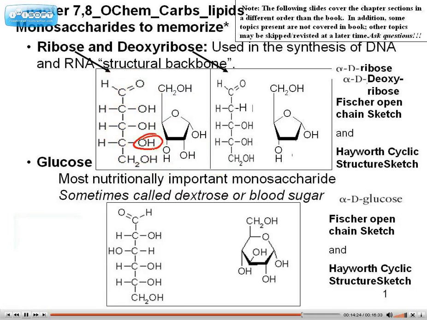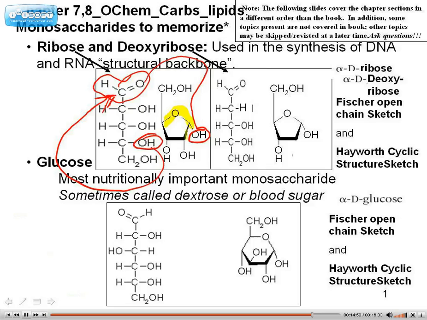Now, it's this hydroxyl group which is going to go ahead and bend around and do a cyclic hemiacetal reaction on this particular aldehyde. The aldehyde is going to go ahead and become an alcohol, which I'm circling here. And the alcohol itself is going to go ahead and become the ether, which I'm going to go ahead and highlight with my pen.